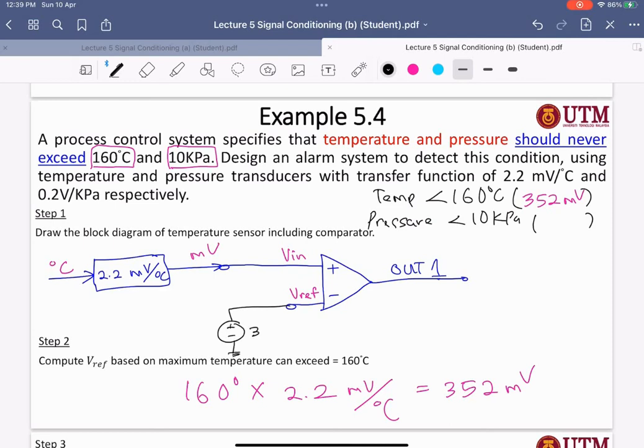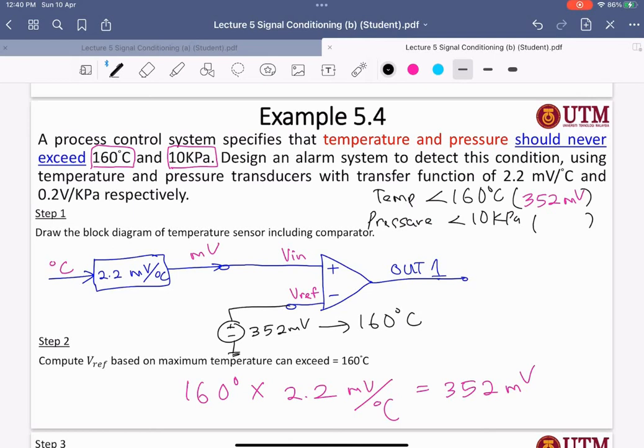This supply will give you 352 millivolt. Can you understand that? It refers to 160 degrees. So that is where you set it.